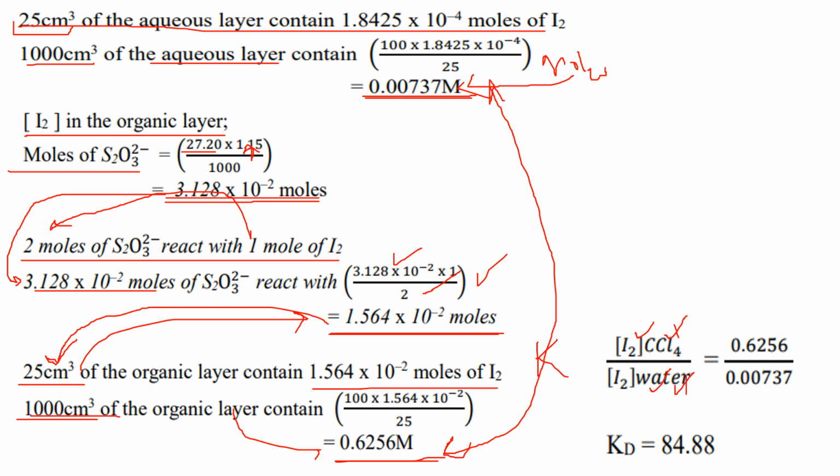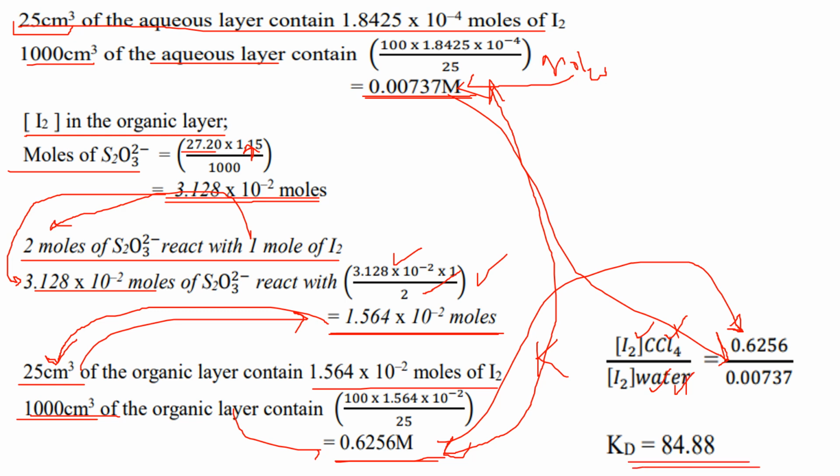In the organic layer it was 0.6256. In the aqueous layer, it was 0.0073. If you pick your calculator and divide the two, you are going to get 84.88. However, I used 2 decimal places, but you are advised to always use 3 and above. So that was our partition coefficient.